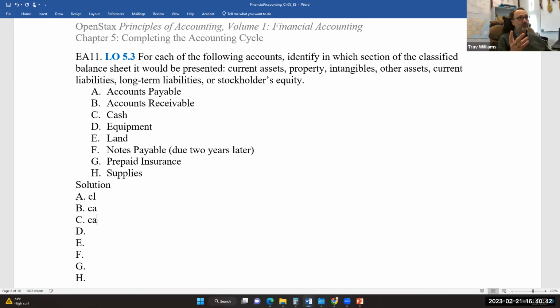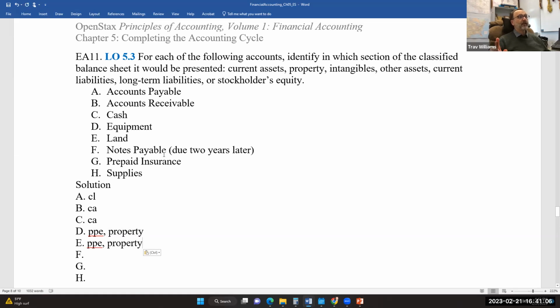Cash is a current asset. Equipment is property, plant, and equipment, right? So you could either put PPE here or property, either way. E, land, is also PPE or property.